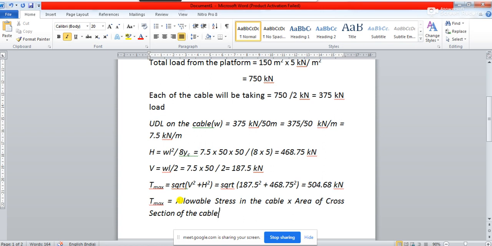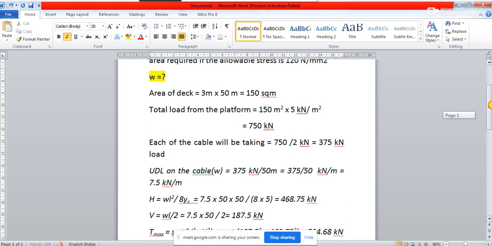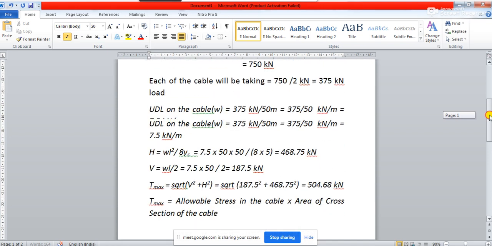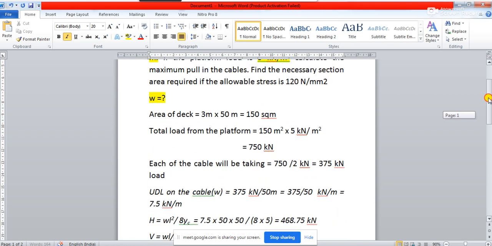Okay? So the allowable stress in the cable is given in the problem. What is the allowable stress? Allowable stress given is 120 Newton per millimeter square, isn't it?